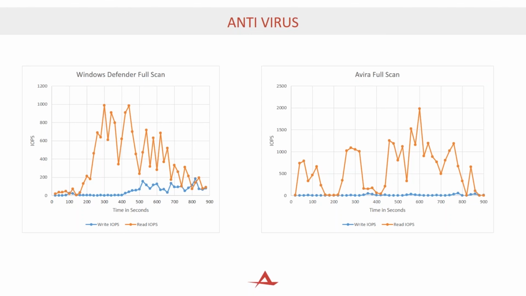Lots and lots of read I/O, and antivirus will pretty much consume as much I/O as your storage can give you. If you look on the right there, Avira would at peak take up to 2,000 IOPS. On average, probably about 1,000, maybe just under. And Windows Defender would take up to 1,000 and average maybe 400 or 500 IOPS.